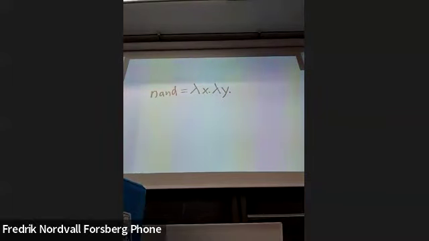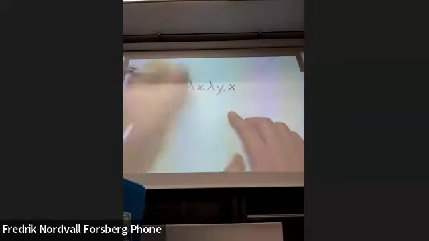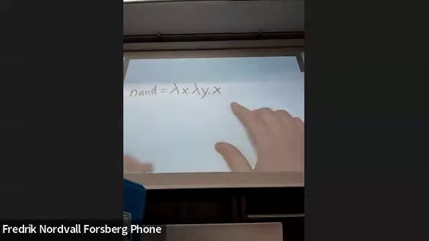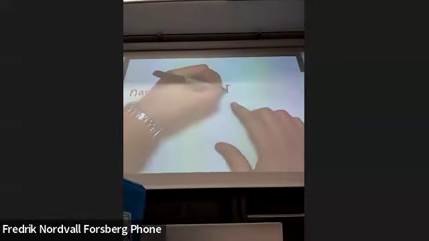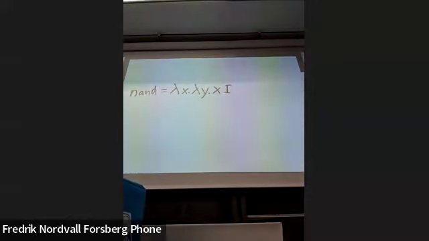If x is false, then NAND should deliver true, so that's x, I. But otherwise, we care about what y is.